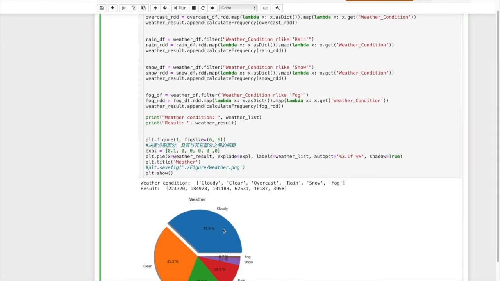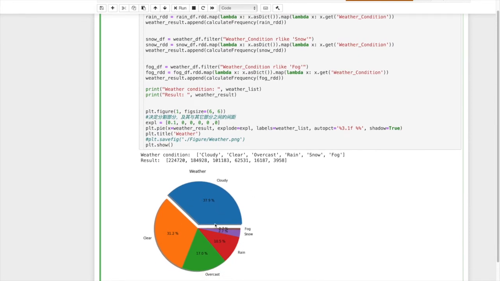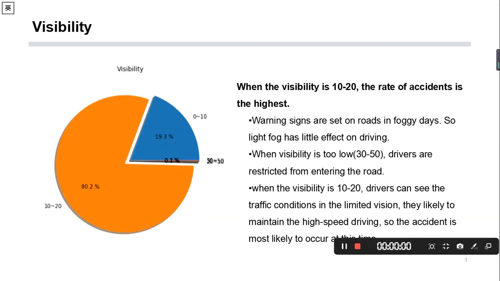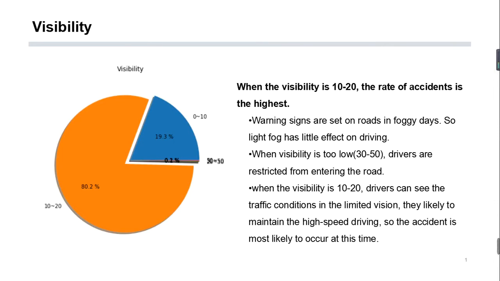Yeah, here it is. When the visibility is between 10 and 20, the rate of accidents is the highest. In foggy weather, warning signs will be set up on the road and drivers are required to drive at a limited speed.